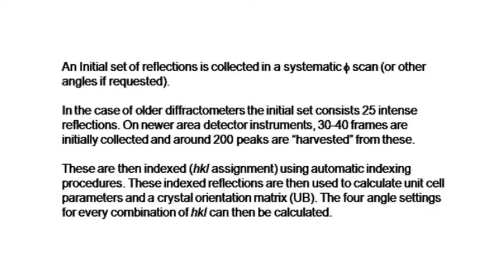What we usually do is collect a set of reflections in a scan of phi, a phi scan, but we can do other angles, it doesn't matter. Phi just gives us enough of a range of data usually that we can start to get the unit cell. On older diffractometers we collected 25 peaks, on new ones we do around 200. So we use a lot more data now on the new instruments because it's fast.